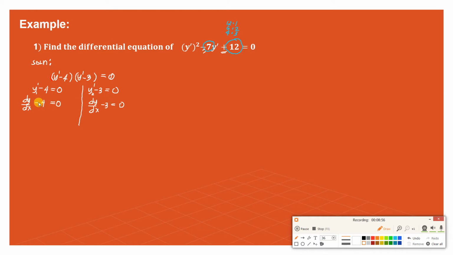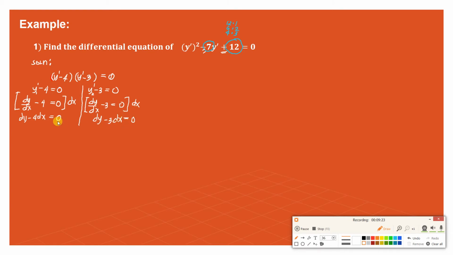Sa first part, if we're going to multiply both sides by dx, so we have dy minus 4 times dx is equals to 0. Okay, sa kabila, multiply both sides by dx also. So we have dy minus 3 dx is equals to 0.